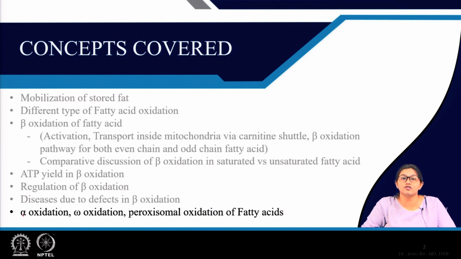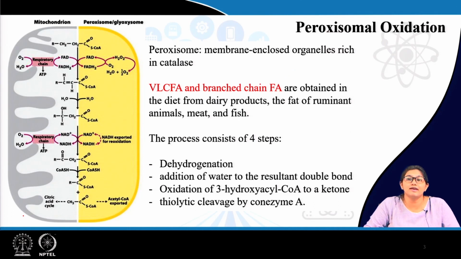Now, peroxisomal oxidation is named based on where the oxidation of fatty acid is occurring. As we have discussed, the organelle for beta oxidation is mitochondria, whereas peroxisomal oxidation occurs in peroxisome. Peroxisome is a membrane bound organelle present in both plants and animals, and it is very well known for the presence of the enzyme catalase.